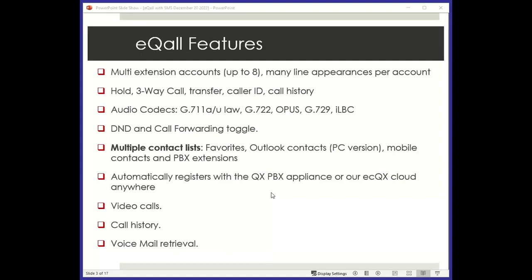It registers automatically with a PBX appliance, and with EC Cloud it is very easy to do. I have a little bit more on a slide later on. You can do video calls, not only between eQall participants but also with SIP phones that have video capability. And you can have call history and voicemail retrieval in the application.